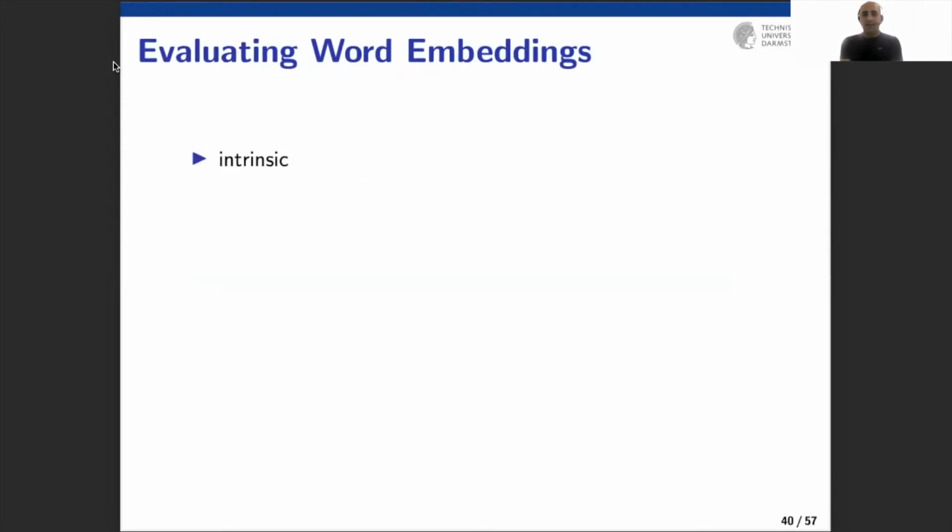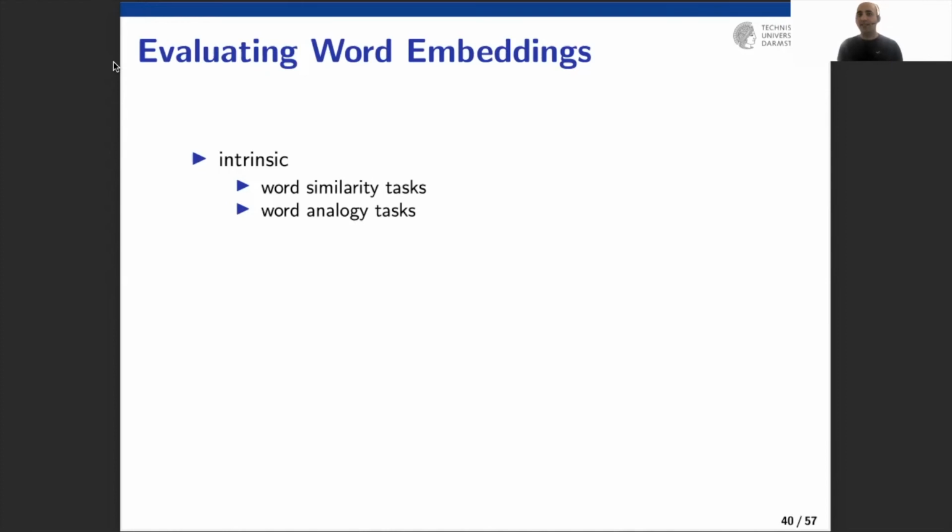Okay, so given that there are different types of word embeddings and different algorithms to obtain them, how should we evaluate which algorithm works better, or which yields more informative word embeddings? There are two sorts of evaluation in NLP in general, which can be used for word embeddings as well. The first one is intrinsic evaluation, meaning that you use word embeddings to directly measure the semantic relations between words.